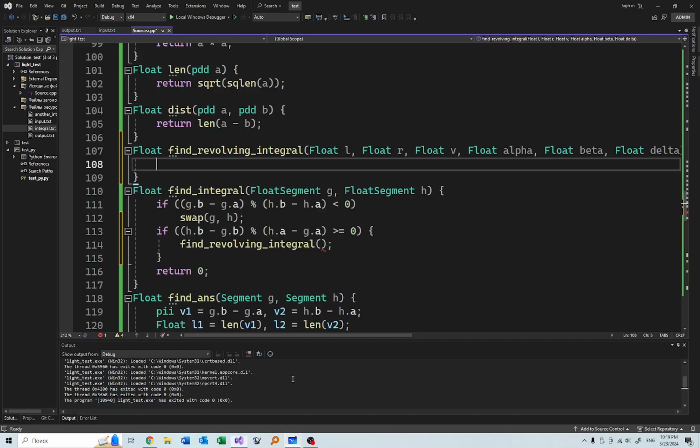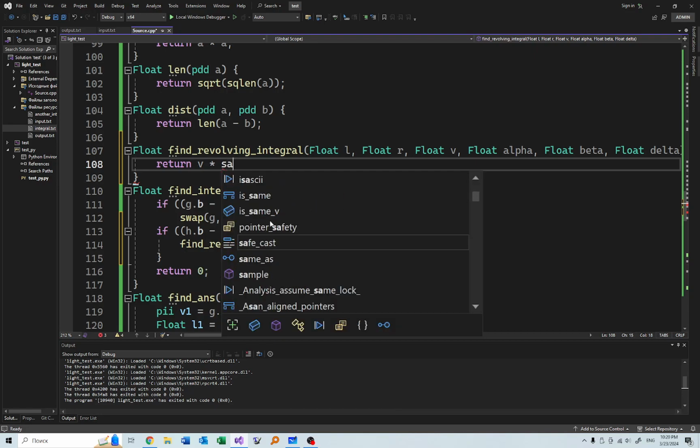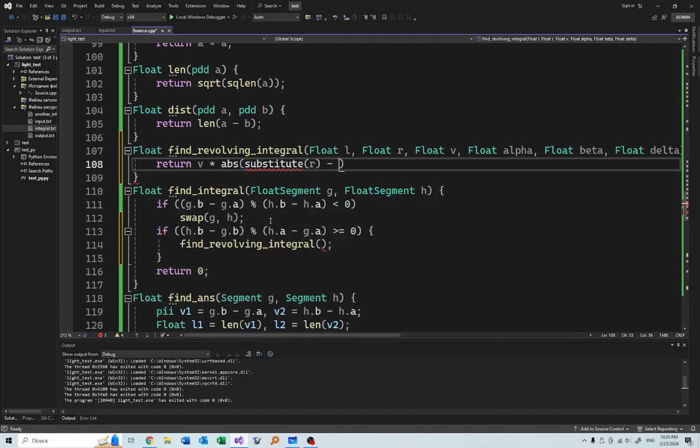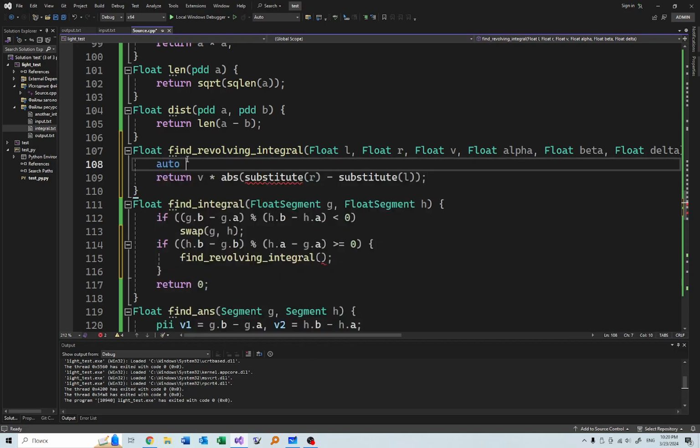Okay, to do that, let's just return v times substitute r minus substitute l. Let's write a function substitute.